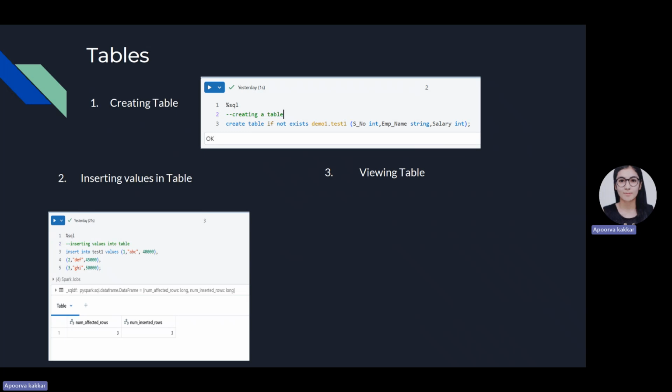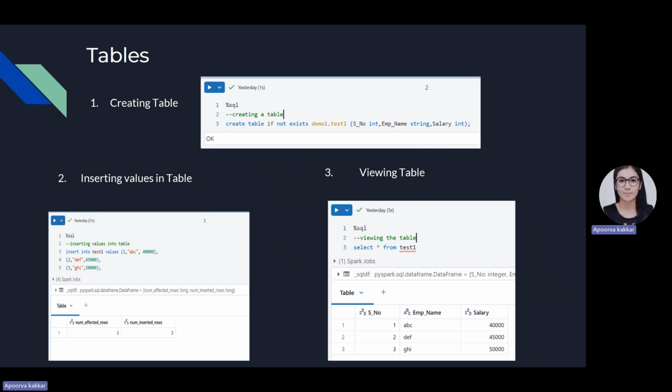Then we can view this table by writing SELECT * FROM test1, which is the name of the table. Now, as you can see here, I haven't written a semicolon after my query. This is just because we are doing it inside a notebook where we have already specified that these queries are SQL queries.